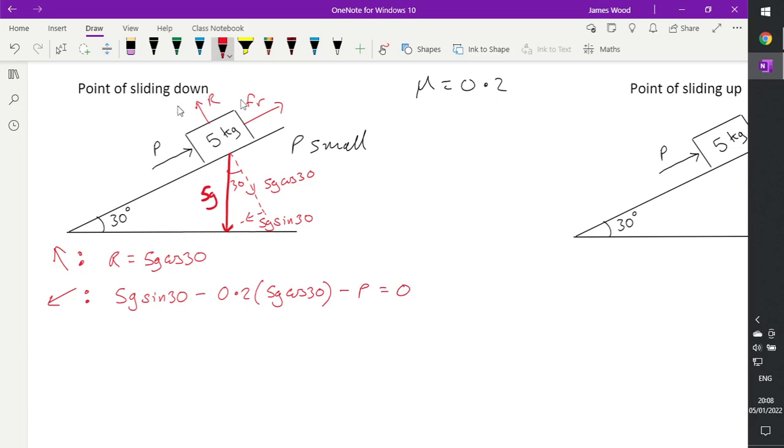It's not actually sliding down, it's just on the point of sliding down, so the acceleration is still 0. We can then solve this to find P. When you calculate that, you get about 16 newtons. So 16 newtons is required to just stop it sliding down the slope.